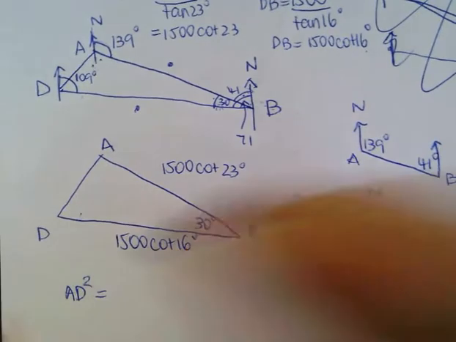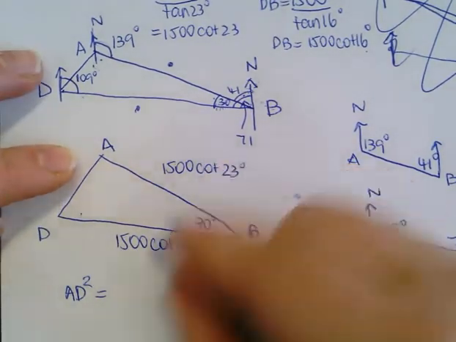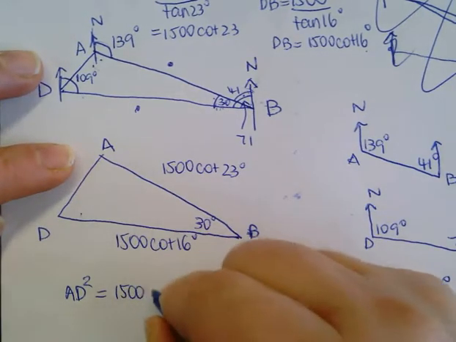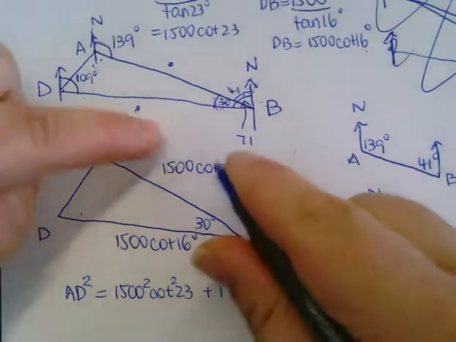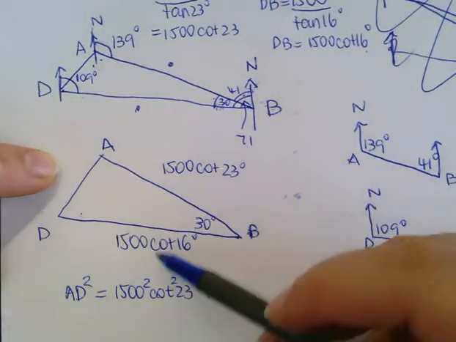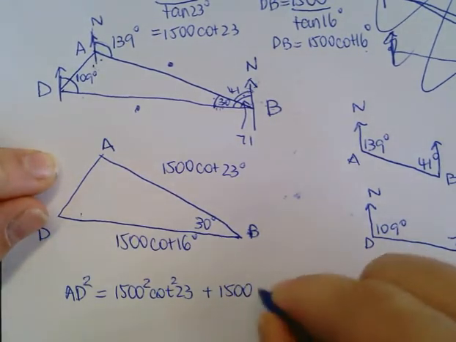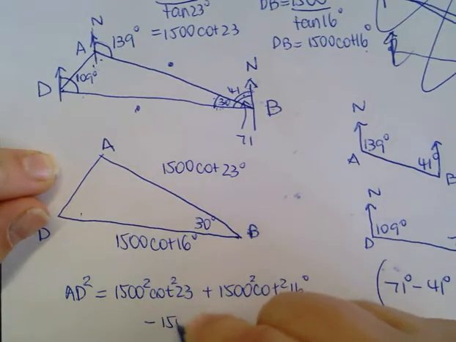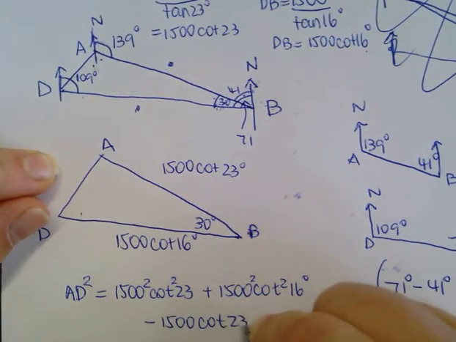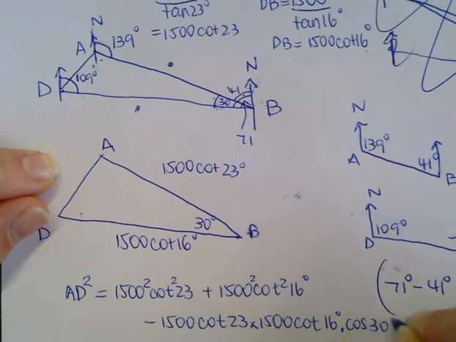AD squared equals, what have we got? That squared equals 1500 squared cot squared 23 plus, so it's this squared equals that squared plus that squared, 1500 squared cot squared 16 minus 1500 cot 23 times 1500 cot 16 degrees times the cos of 30.